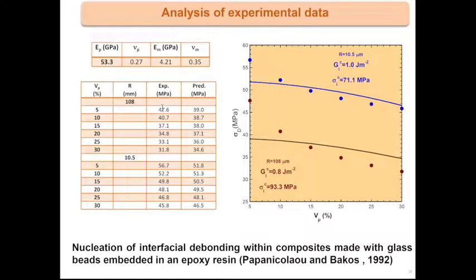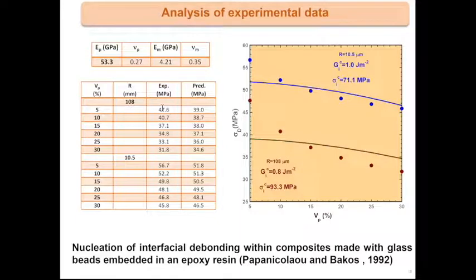We can also use some other data, and in this case, it is also glass particle composites. We have a strong variation of the particle volume fraction, with only two kinds of particles in terms of radius.